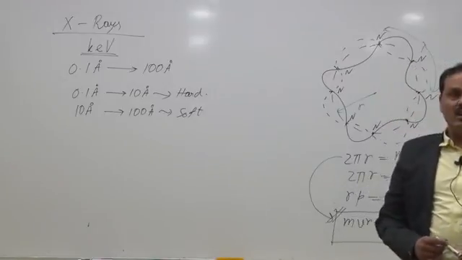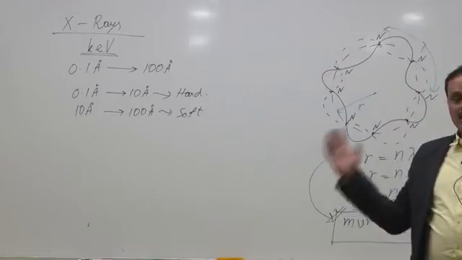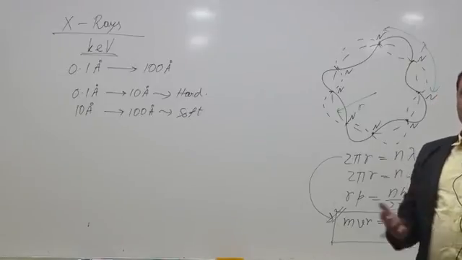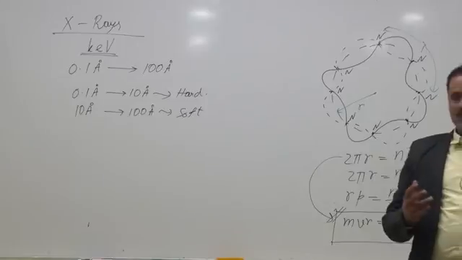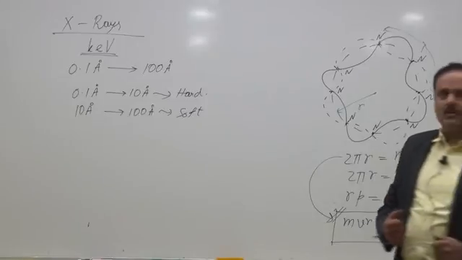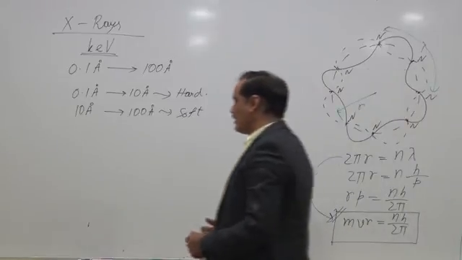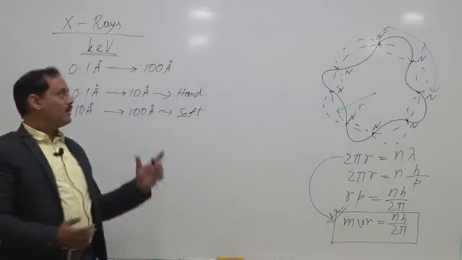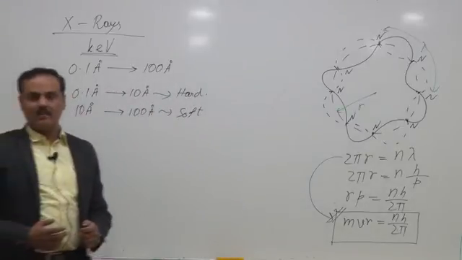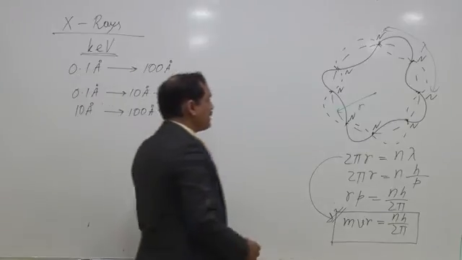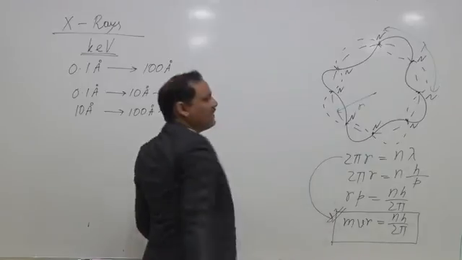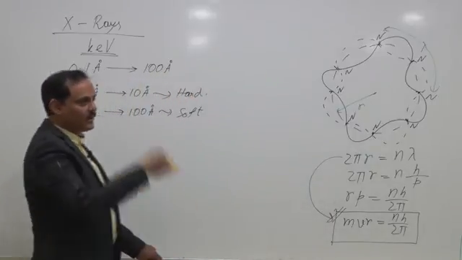Now we need to know how X-rays are produced. Previously in the hydrogen spectrum we have seen that ultraviolet rays, visible light and infrared are produced by atomic hydrogen gas. Now we need to know how X-ray is produced. X-ray is produced in a Coolidge tube. It is just the reverse phenomenon of the photoelectric effect.